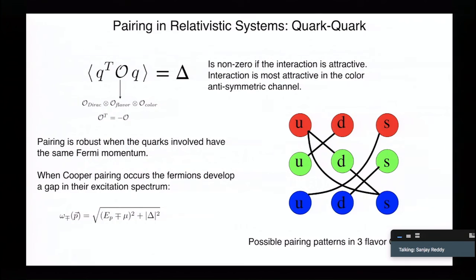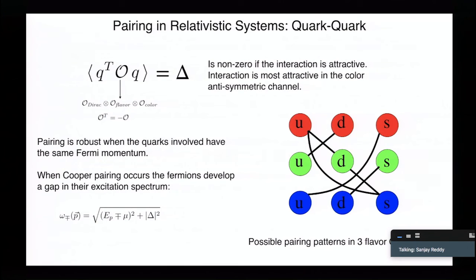You have a condensate formed from quarks alone, 2 quarks at the Fermi surface, and that is represented in general by an expectation value for this operator, Q transpose, and this operator in the middle. This has some Dirac structure, it has some flavor, it has some color, and those are important. And those quantum numbers will be determined by the nature of the interaction in that channel.